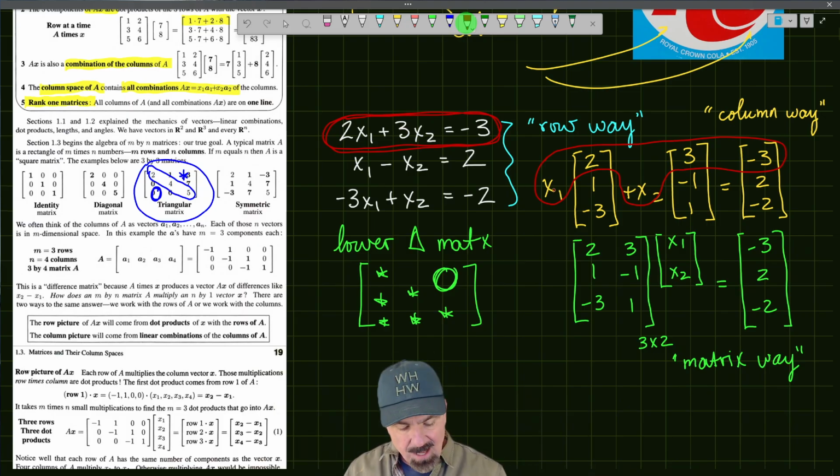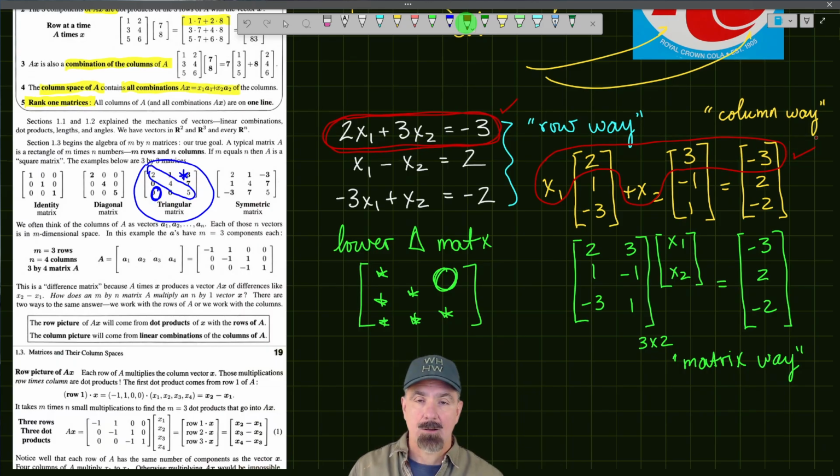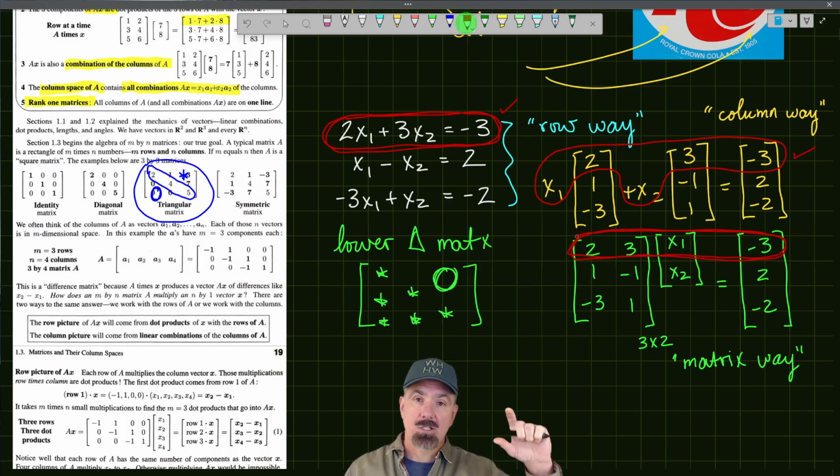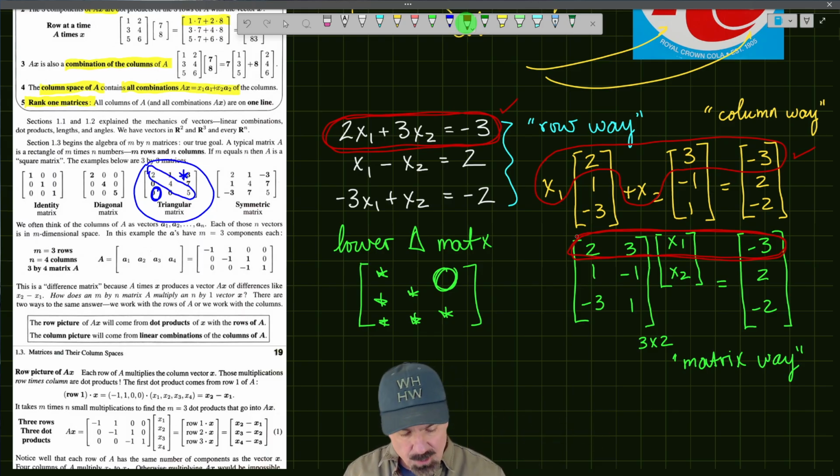So we have x1 times 2 plus x2 times 3 is equal to negative 3. And that's exactly the same as what we have here. Those two are identical. And then finally in the matrix vector multiplication, we have the same thing. This row right here is the first equation. So the equations are always going to show up as the row.